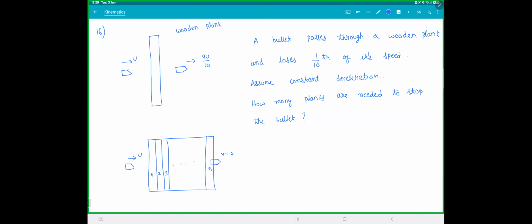So basically, I'm asking you find n. Question is clear? You took one wooden plank, and when you fired through this, same bullet, same gun, the speed you lost was 1/10. Assume constant deceleration. If you take n planks and keep them, and when you fire, the bullet stopped after n planks. Find n.